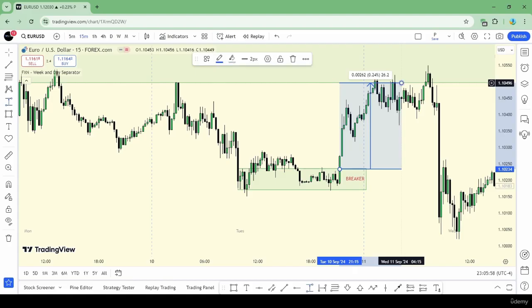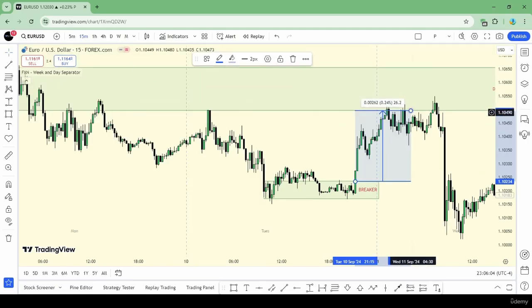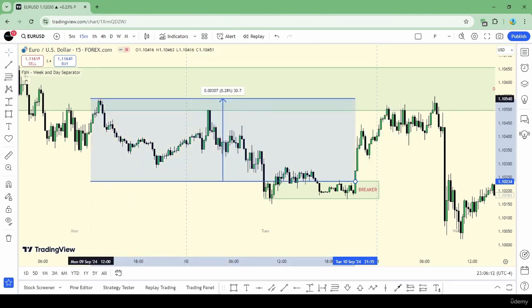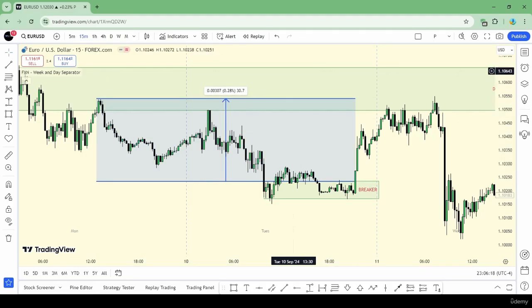So we are only interested in the market to hit this high, to run the previous high, or if you want to leave partials, we also get this swing high, which is around our previous days, our Tuesday's high.